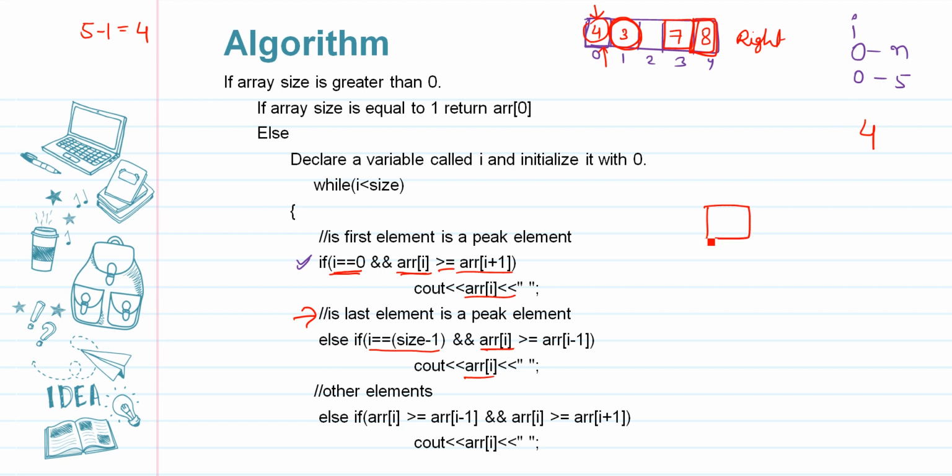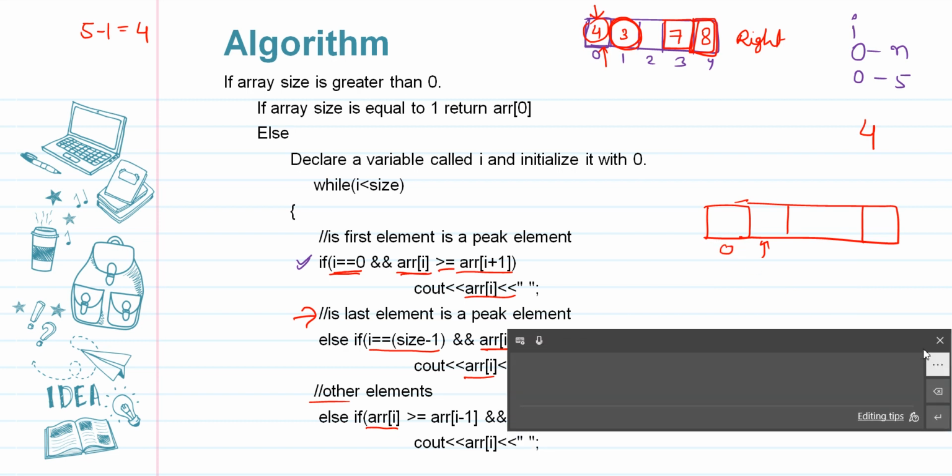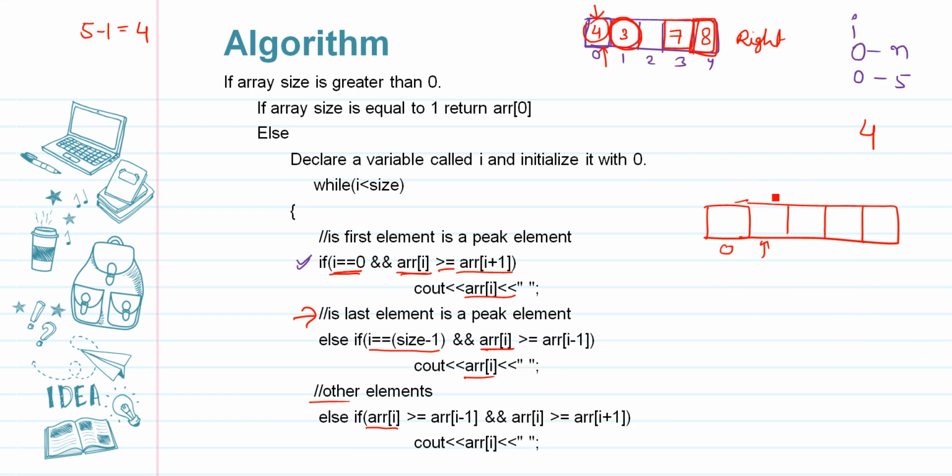Now we have considered the leftmost element and the rightmost element. Now the middle elements. To access the middle elements, this condition is going to be satisfied. If ARR of I, let's say we are at index 1. In this case, what we need to check is that the elements at index 0 and index 2 are verified, that this element should not be less than, it should be greater than or equal to its neighbors, right?